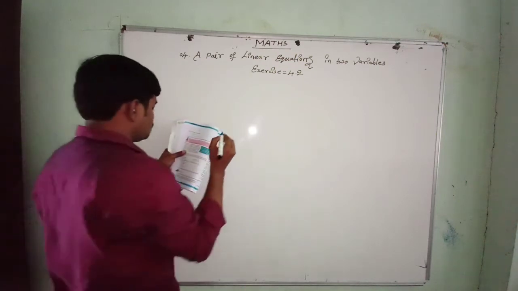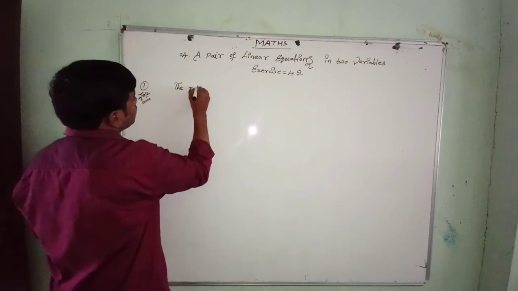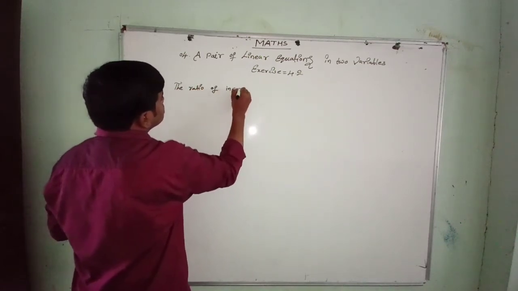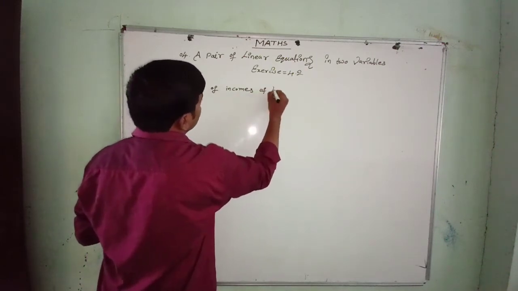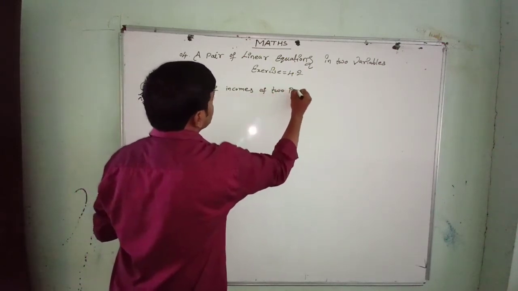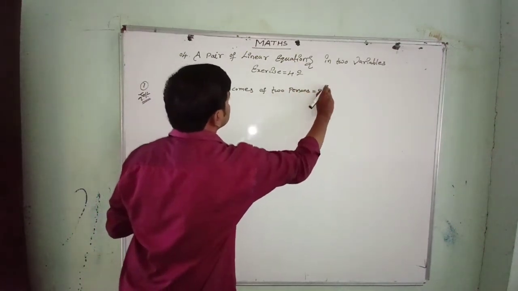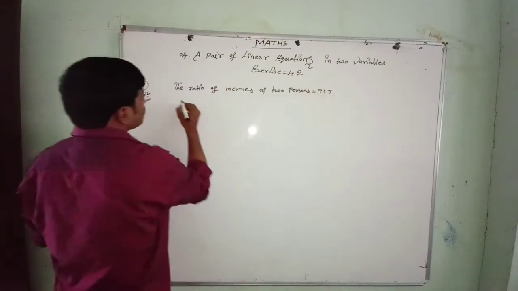So the ratio of the incomes of two persons equals 9:7.